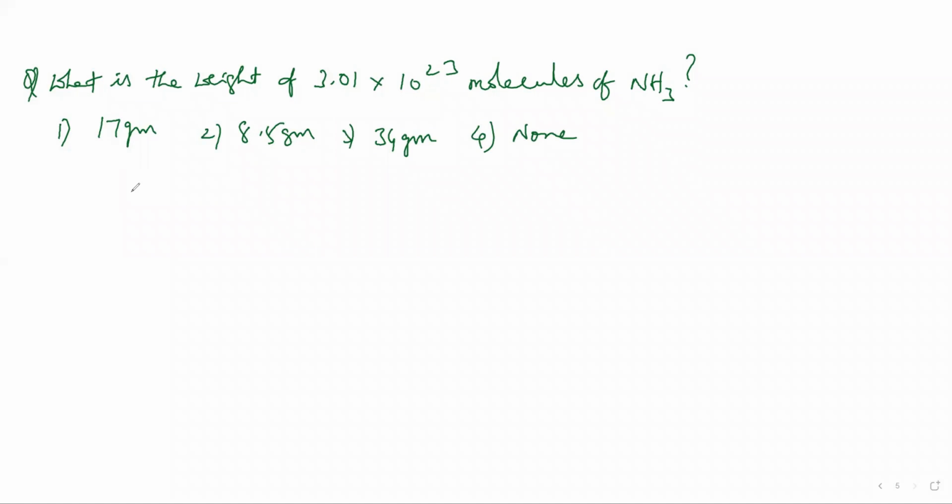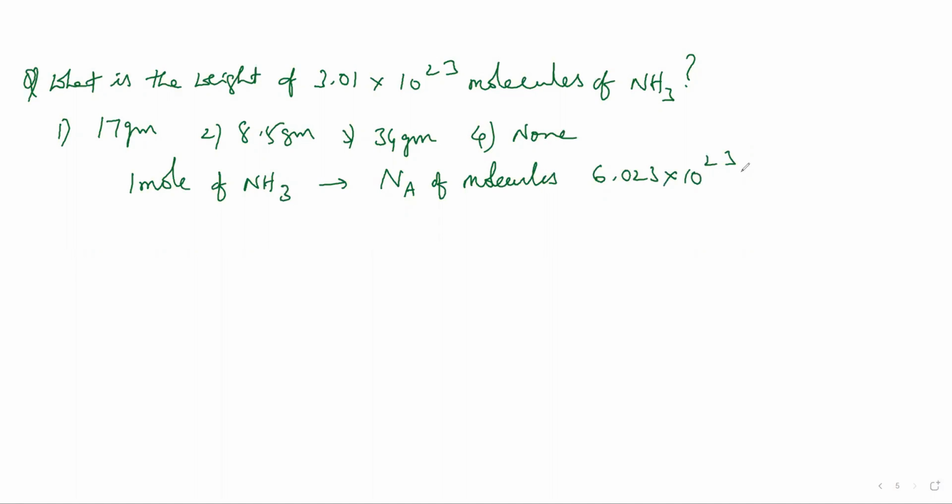So generally, according to mole concept, 1 mole of any substance, let us suppose here it is ammonia, contains Avogadro number of molecules. What is Avogadro number? 6.023 into 10 power 23. That means 6.023 into 10 power 23 ammonia molecules is equal to 1 mole. But for how many molecules do we need to find the weight? 3.01 into 10 power 23.